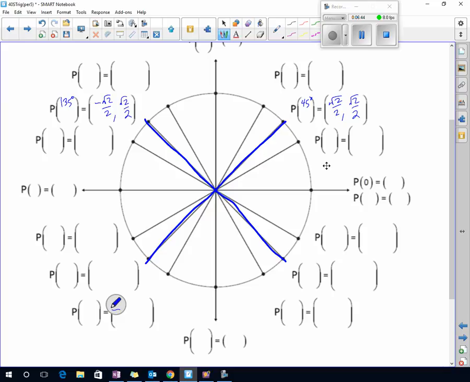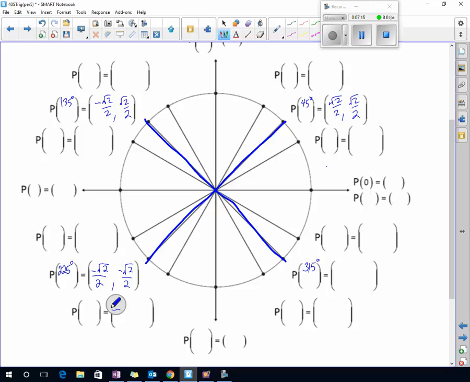So how would that affect my coordinate? Negative root 2 over 2, comma, negative root 2 over 2. Okay, what is the related angle in the fourth quadrant? 315 degrees. And how would that affect my coordinate? The y is negative, very good. Root 2 over 2, comma, negative root 2 over 2.